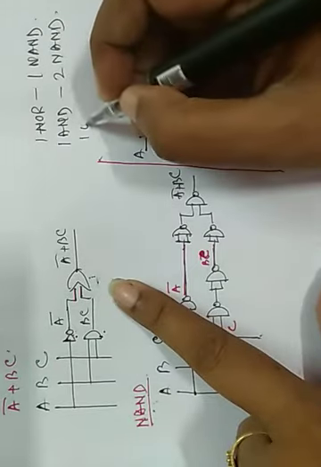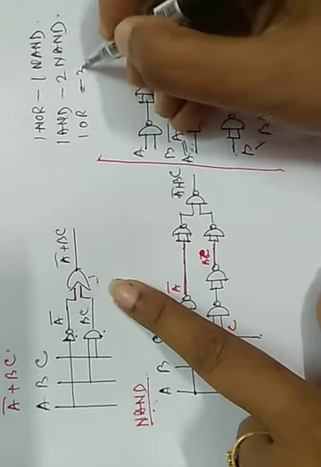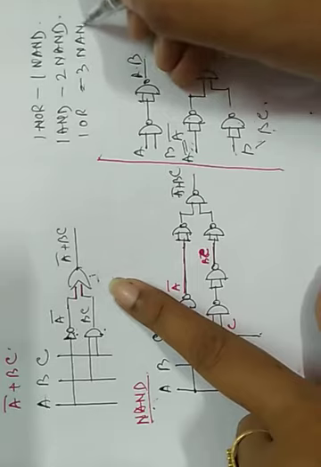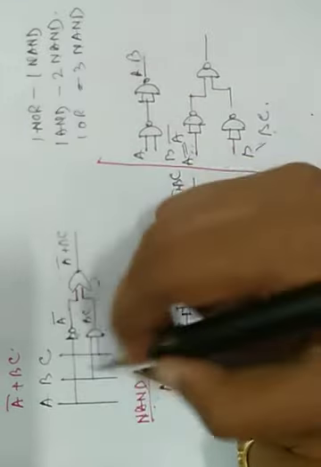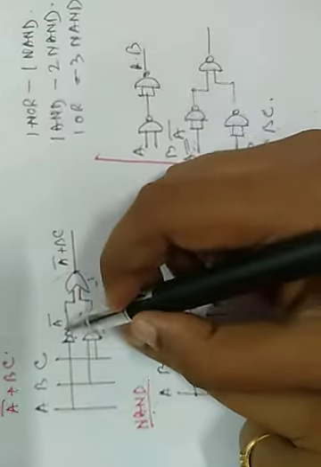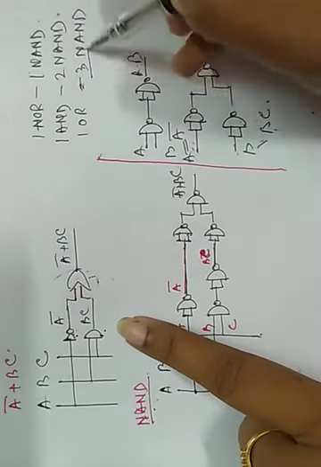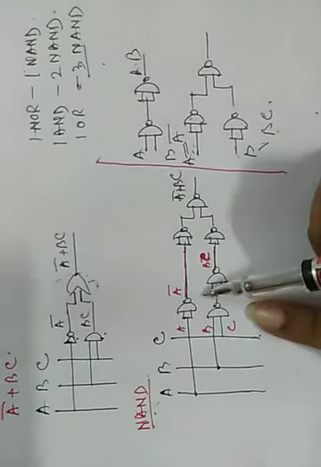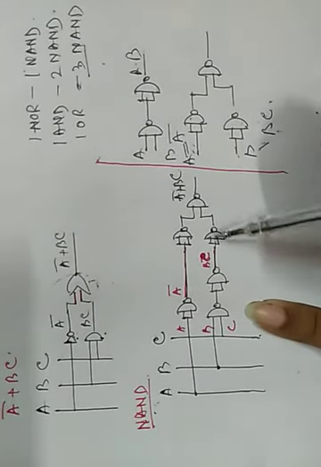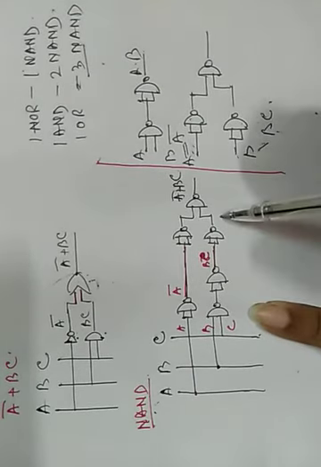For one OR gate, 3 NANDs are required. So total how many NANDs are required for this logic circuit? 3 plus 2 plus 1, total 6 NAND gates are required. You can find here that 1, 2, 3, 4, 5, 6 NAND gates are there.